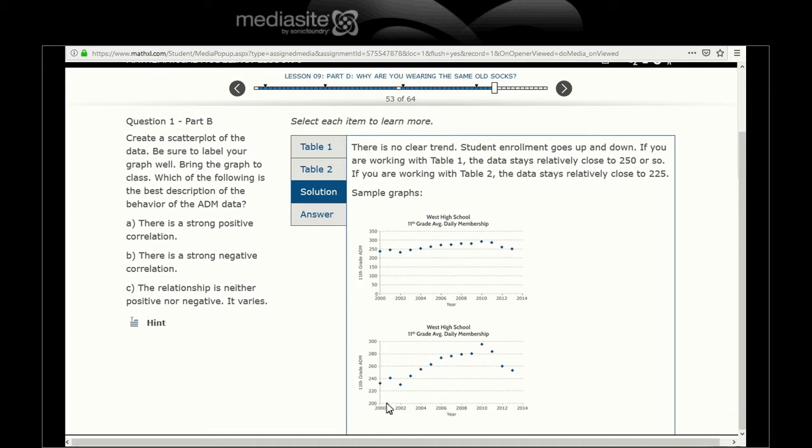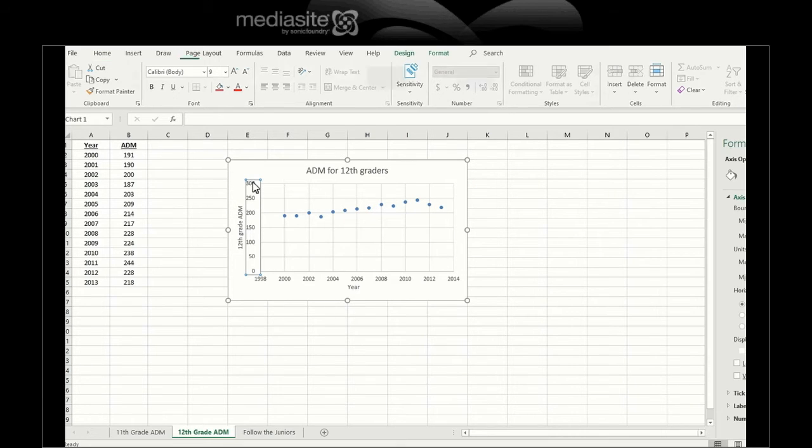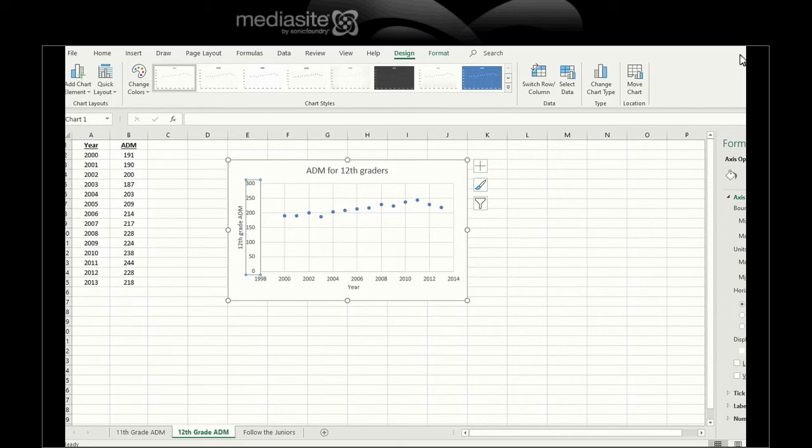Yeah, so let's play with the scale here. How do we do that? Well, I want to blow up the effect. So highlight it. There we go.